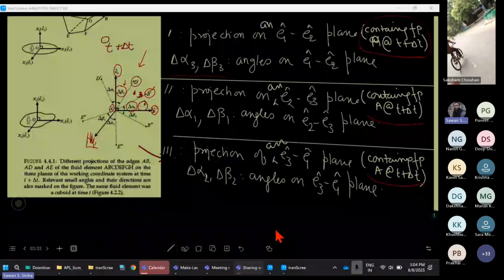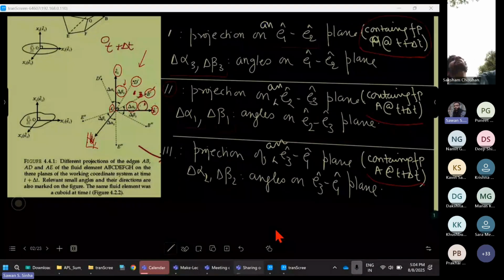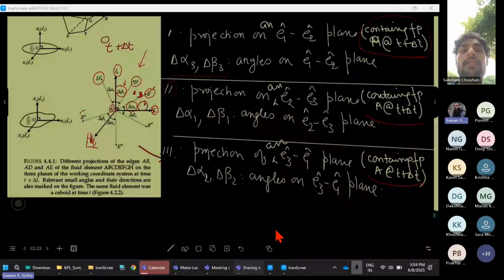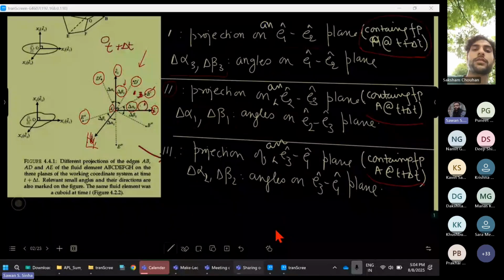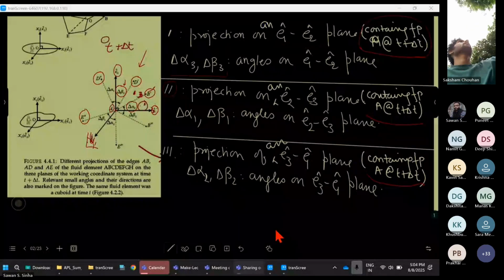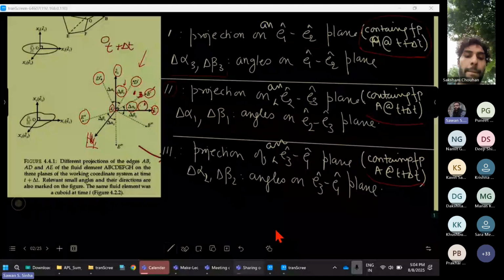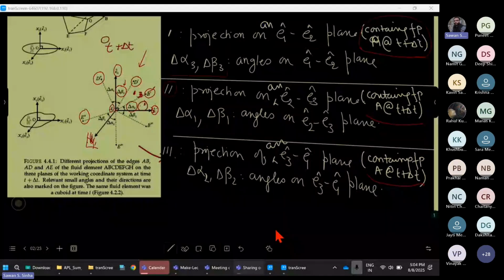Then these double primes that I have mentioned here, there are 2 points with double prime superscript, D and E. These are the projections of locations of fluid particles D and E on an E2 E3 plane. Again, there can be infinite number of E2 E3 planes, but I am talking about that E2 E3 plane which at t plus delta t contains the fluid particle A.